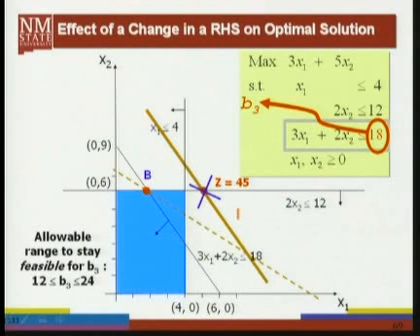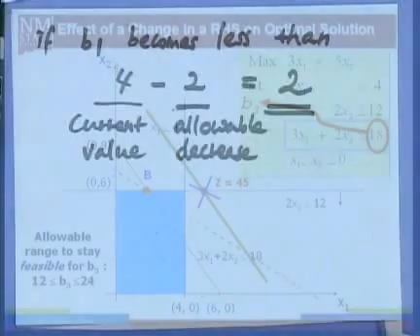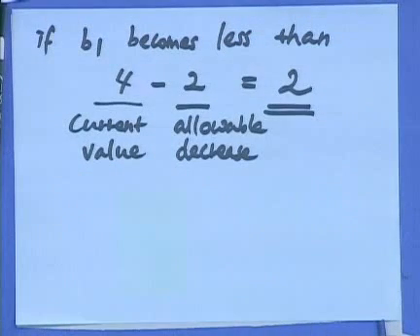So the allowable increase limit to stay feasible for B3 would be: B3 less than or equal to 24. Okay? And in Lindo output, the right-hand side ranges for each row are the amount by which the right-hand side can be increased or decreased, right? While the current optimal solution remains feasible.